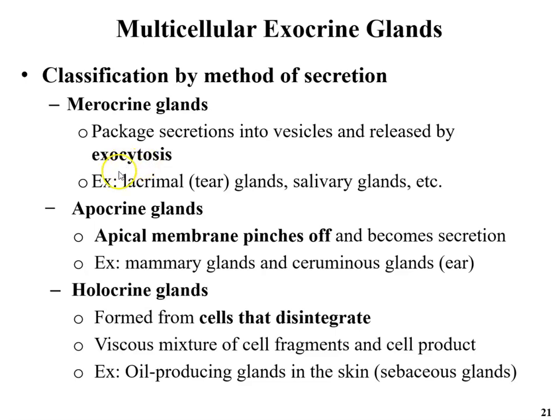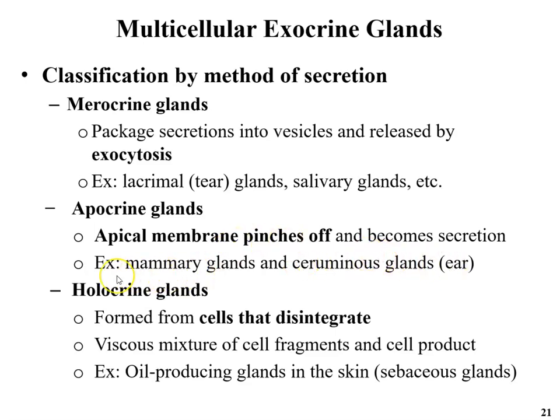Okay, so the example given here are the tear glands and the salivary glands. Apocrine glands, on the other hand, the apical membrane of the cells pinches off and becomes the secretion. So examples of apocrine glands would be mammary glands and ceruminous glands in the ear.